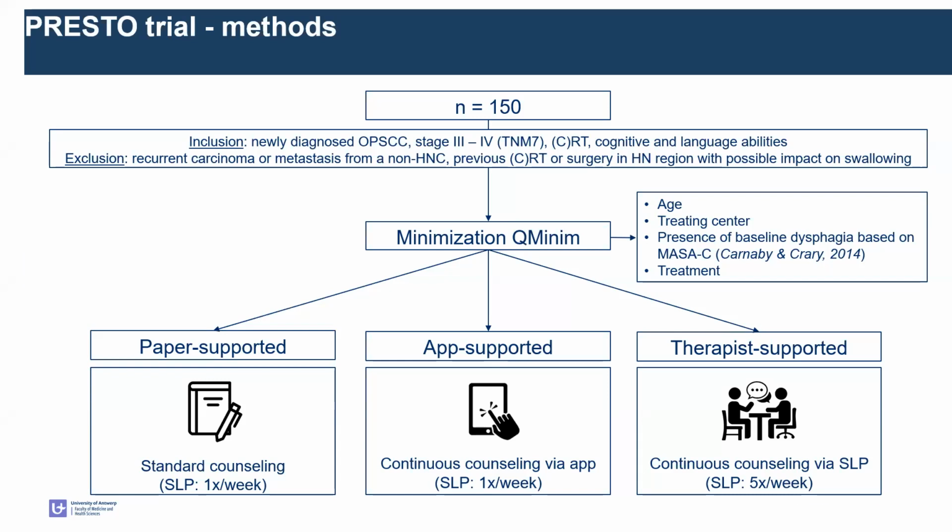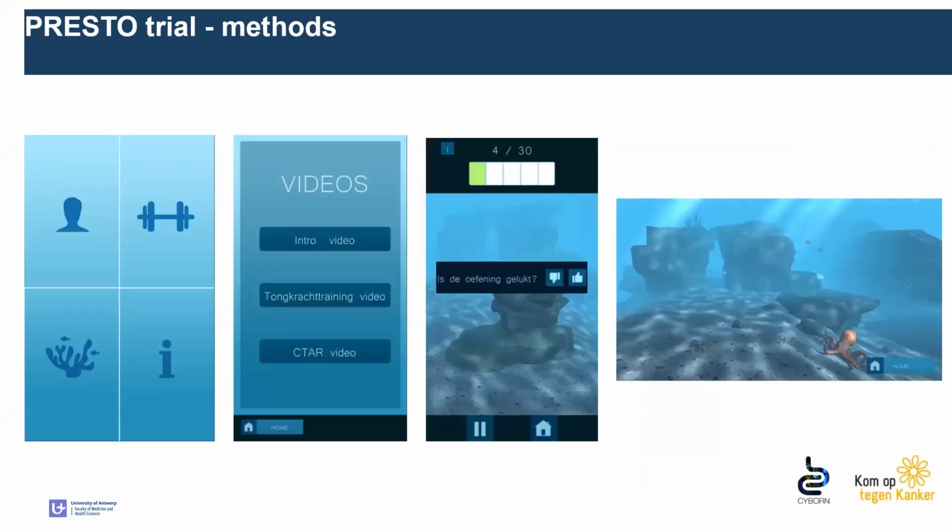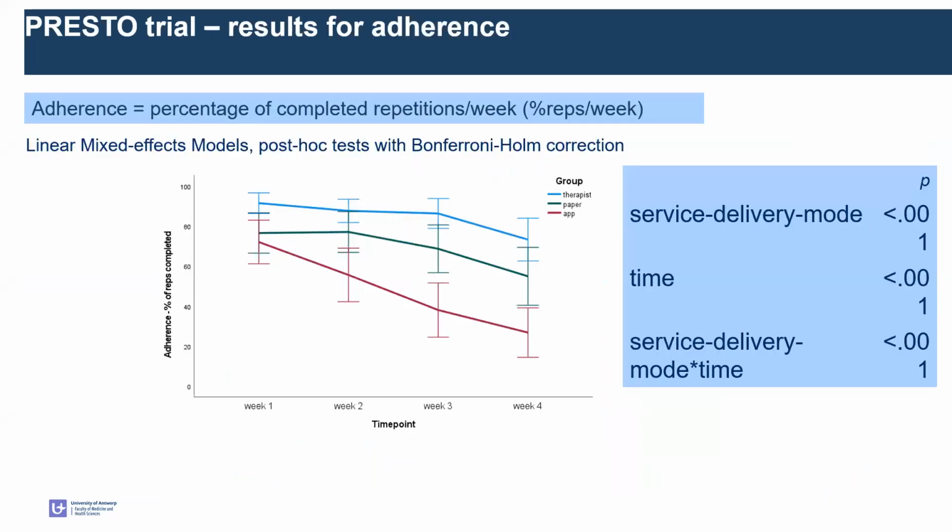We developed an app for this, which had clear instructions, demonstrations, push messages, and a gamification element. But what is important to take with us, I think, is that when we look at the percentages of adherence, there was a significant effect between the groups.